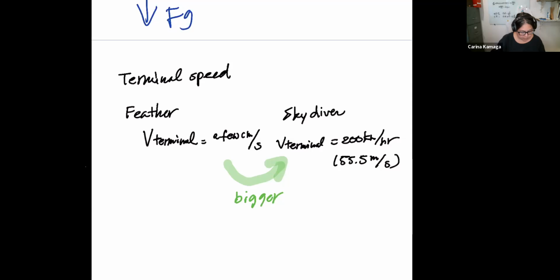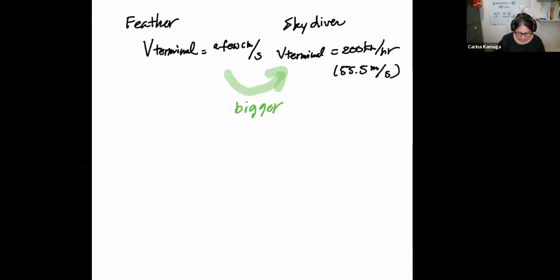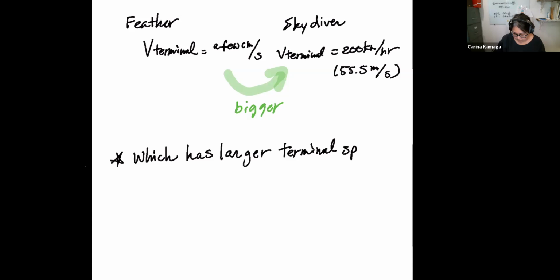And I'm going to ask you this in a class, in a discussion. Which has larger terminal speed? It's an identical object here, but falling differently.